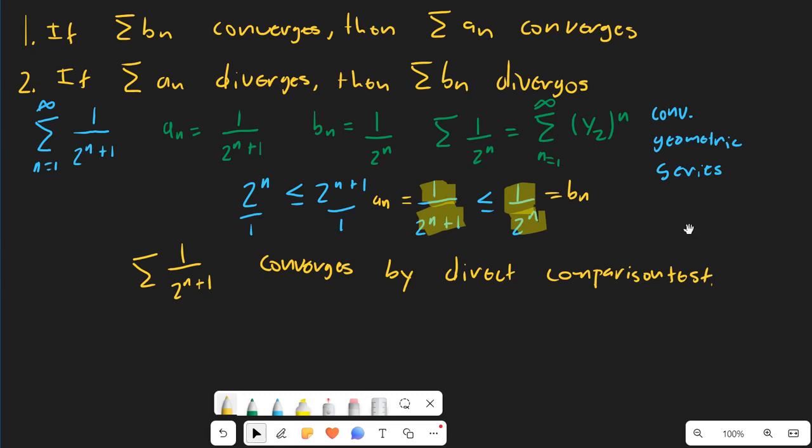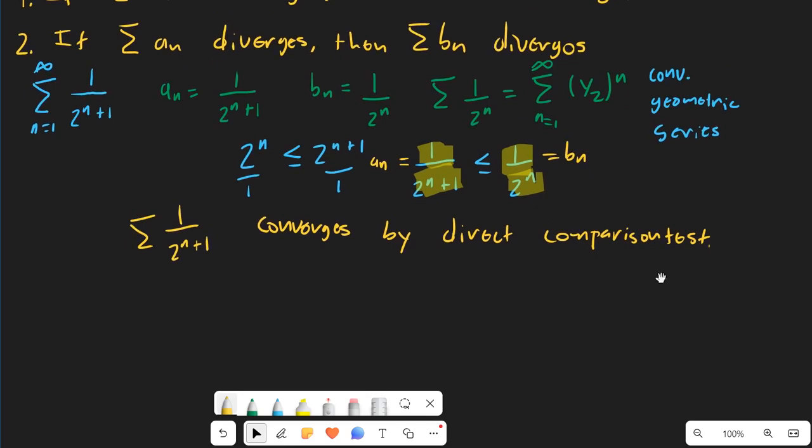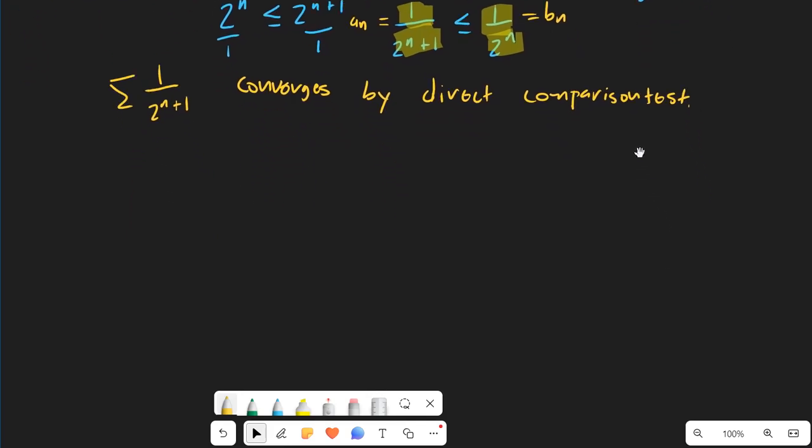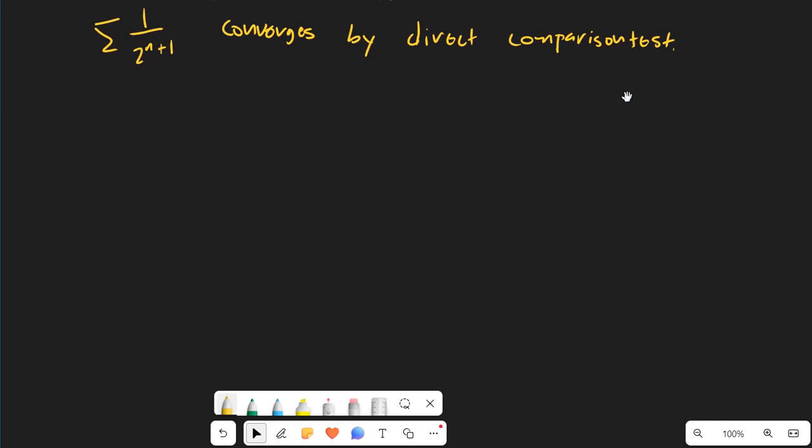Now, we also have that, let's say we used the same principle, and let's say that we now look at n equals 1 to infinity.